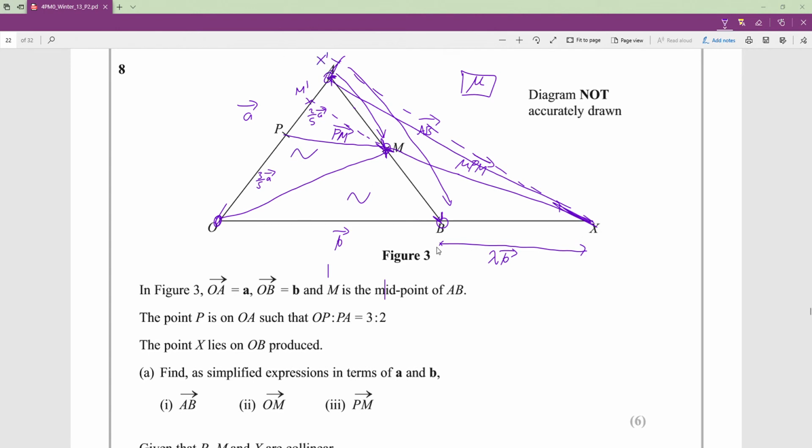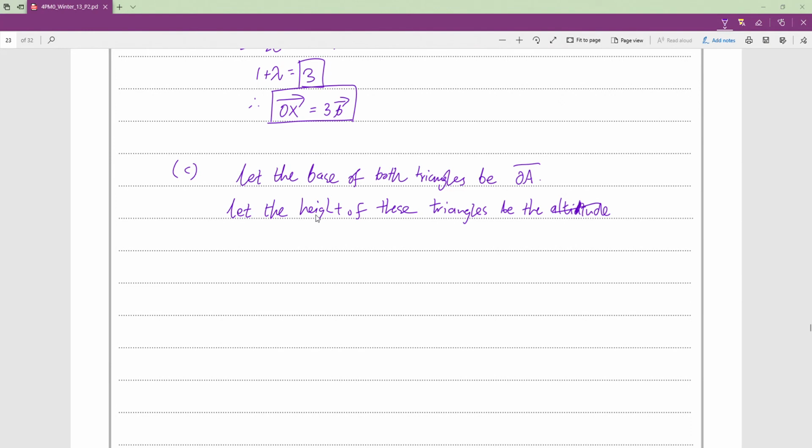So X prime and M prime will be our heights, the altitudes from M and X to OA respectively, M prime and X prime.